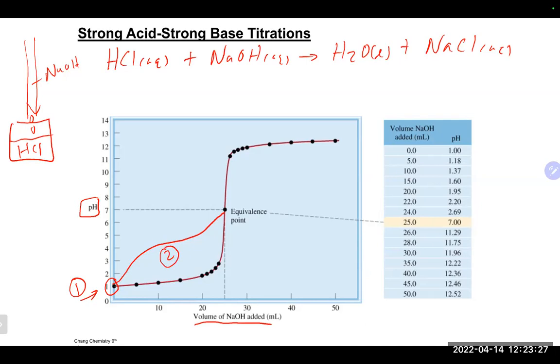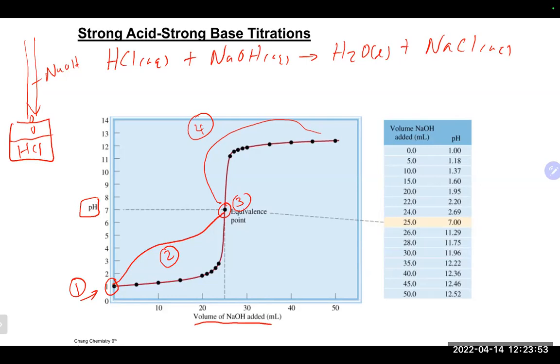The third important part is right there at the equivalence point. And the 4th area we often look at is after the equivalence point. We're going to talk about each of those spots, and how you go about calculating the pH anywhere along this curve at each of them.